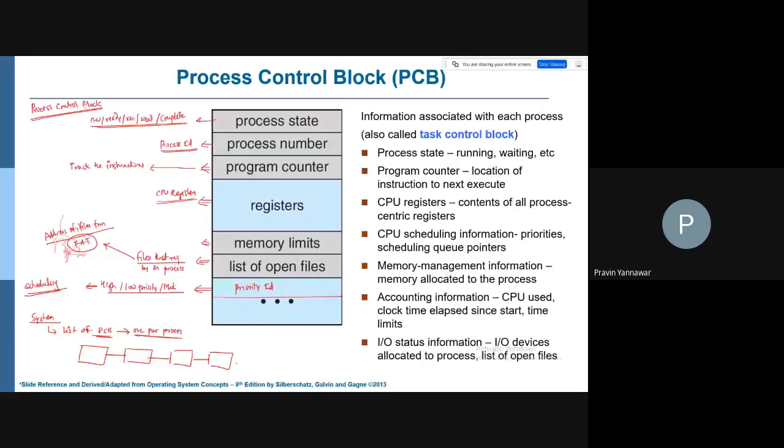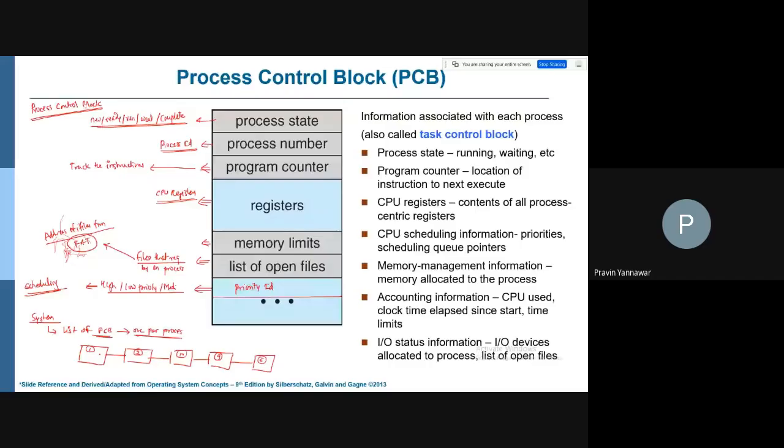This is the system list: say process ID 1, process ID 2, 10, 9, 6. Once 1 is over, you have to shift to 2. Once 2 is over, you shift to 10. 10 is over, 9. 9 is over, 6. It's like this. So the process control block plays an important role. What we have seen so far is this much.